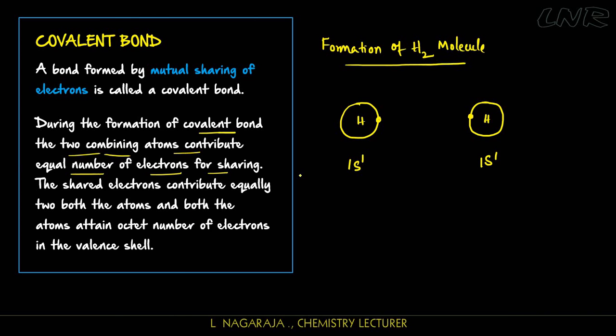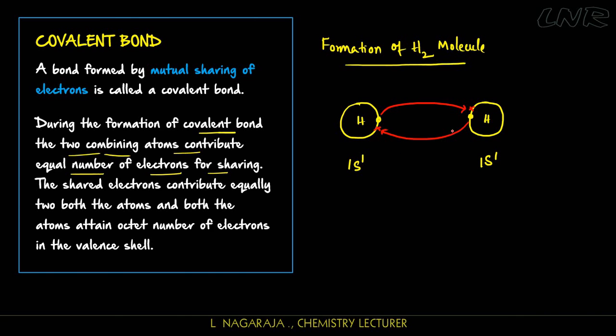Let us see how these two electrons get mutually shared. The electron present in one hydrogen atom is mutually shared with the other hydrogen atom, and it is represented as a cross mark.